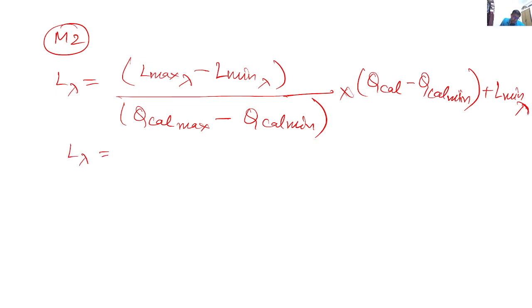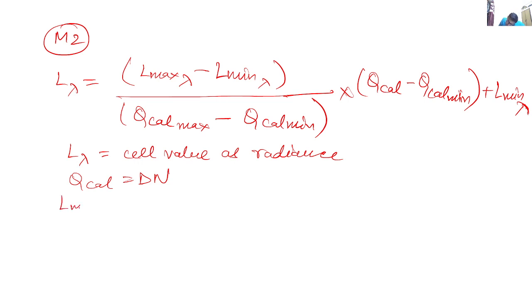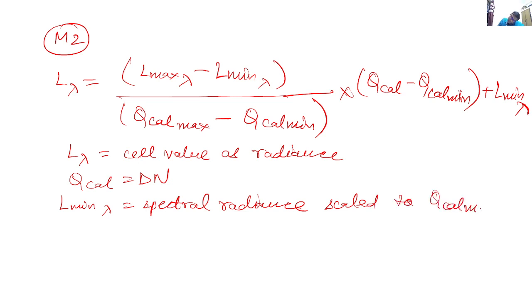L lambda is the cell value as radiance, the spectral radiance. Q cal is the digital number. L min lambda is the spectral radiance scaled to Q cal min. L max lambda is the spectral radiance scaled to Q cal max.